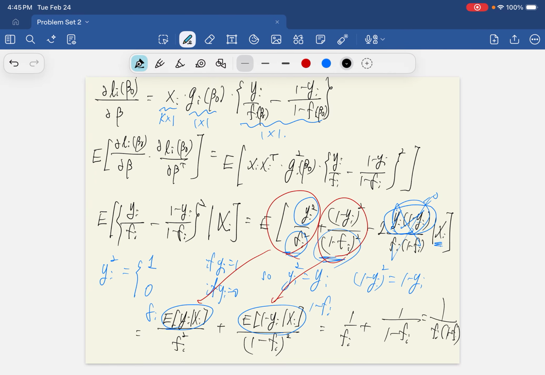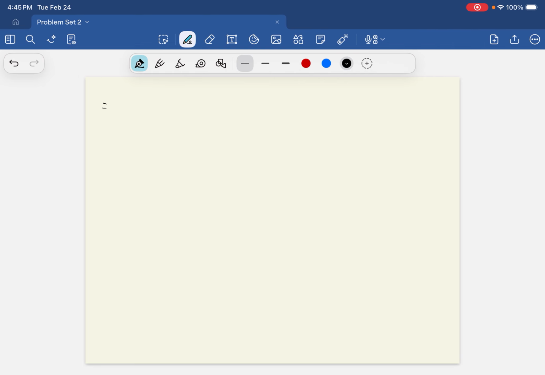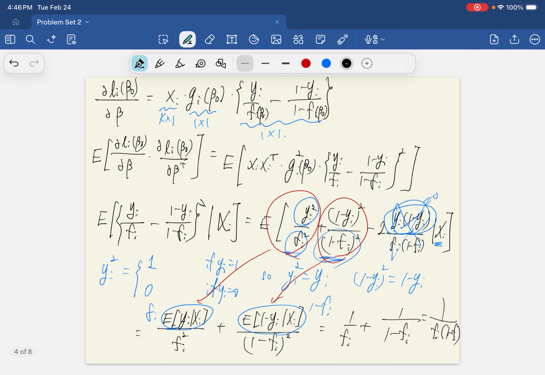So then, finally, it goes to expectation of (xi transpose gi(beta 0)) squared times 1 over fi(beta 0) times 1 minus fi(beta 0). This is what you get, right?